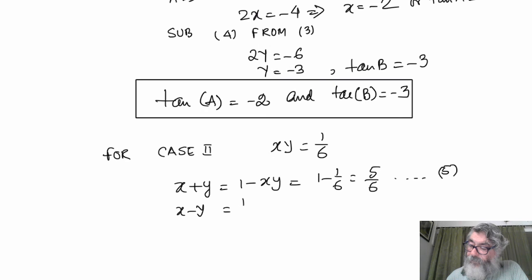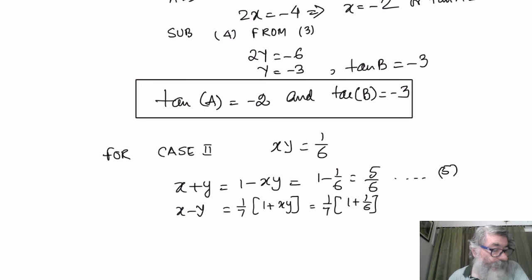So 1 upon 7 and 1 plus 1 upon 6, that is 7 upon 6, upon 7. So it will come out to be how much? 1 upon 6. It will come out to be 1 upon 6, equation 6. Add 5 and 6.